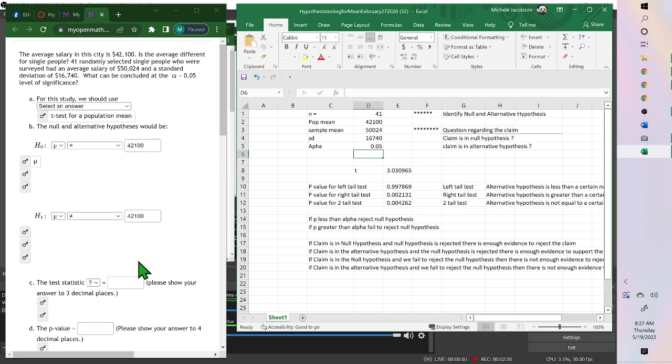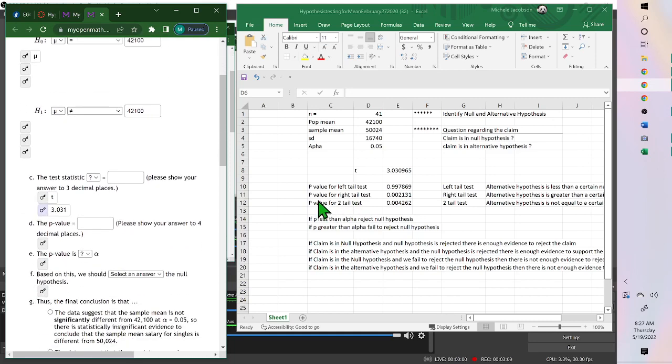So then our test statistic is t, 3.031. P-value, this was two-tailed, so 0.004. They want 4 decimal places, so 0.0043.